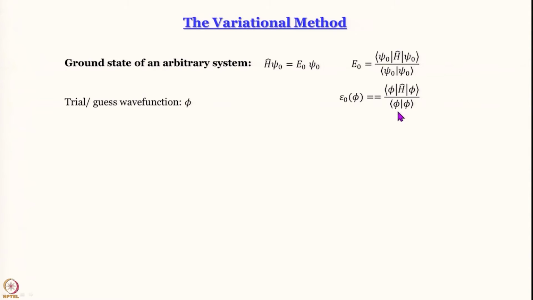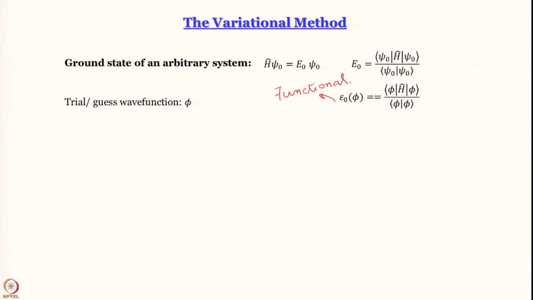And now let me introduce a term before I forget and then I start using it arbitrarily later on. This thing epsilon 0 is called a functional. What is a functional?